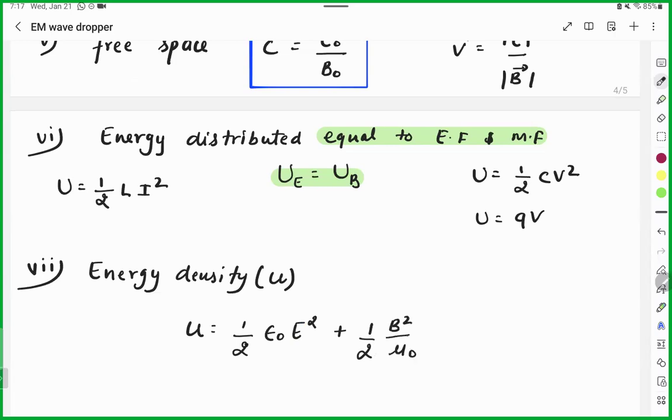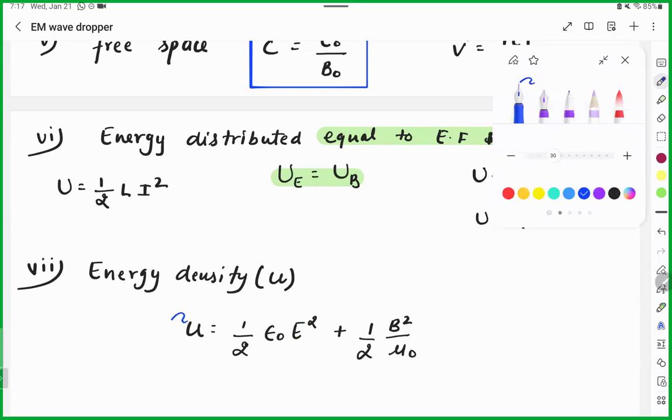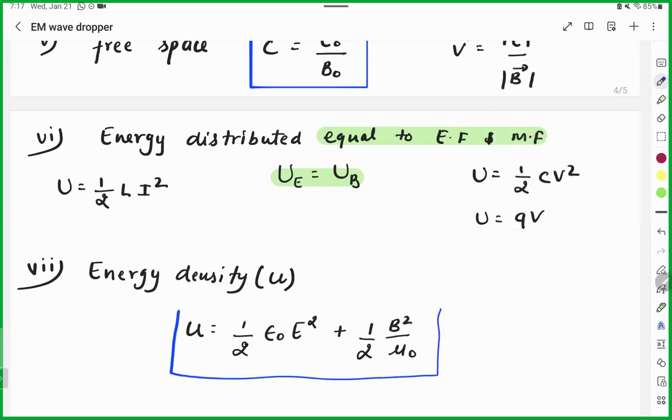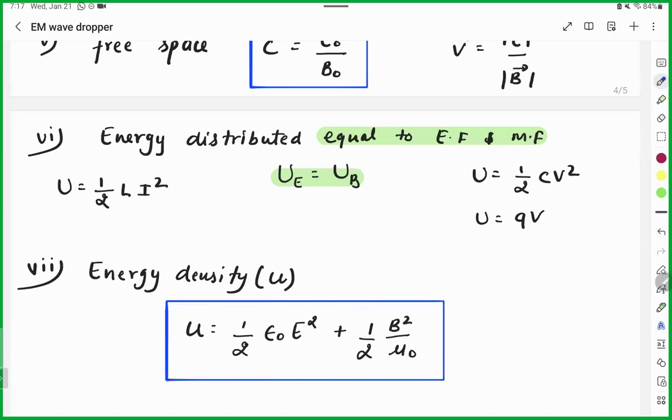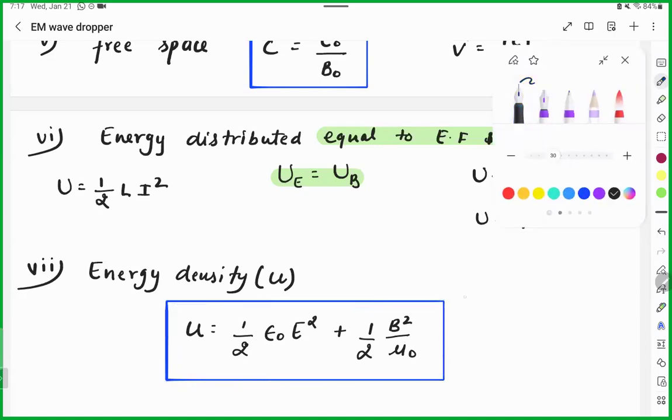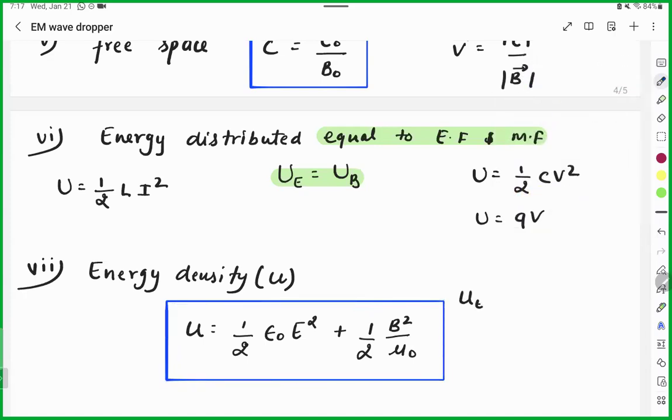Very good. So guys, everything is correlated. In one case you have electric field, in another case you have magnetic field, but the method more or less will be the same. If you are considering energy density in the electric field, it will be equal to half epsilon naught E square. We did this in the capacitor.